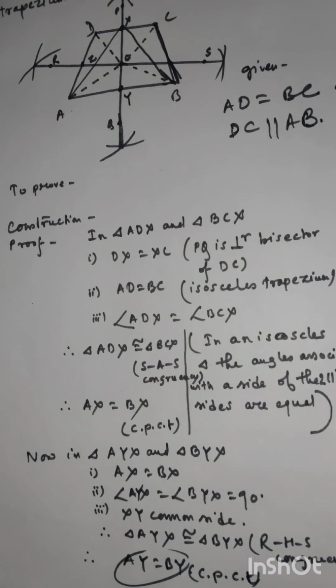Now from this information we can say, therefore PQ is perpendicular bisector of AB also.